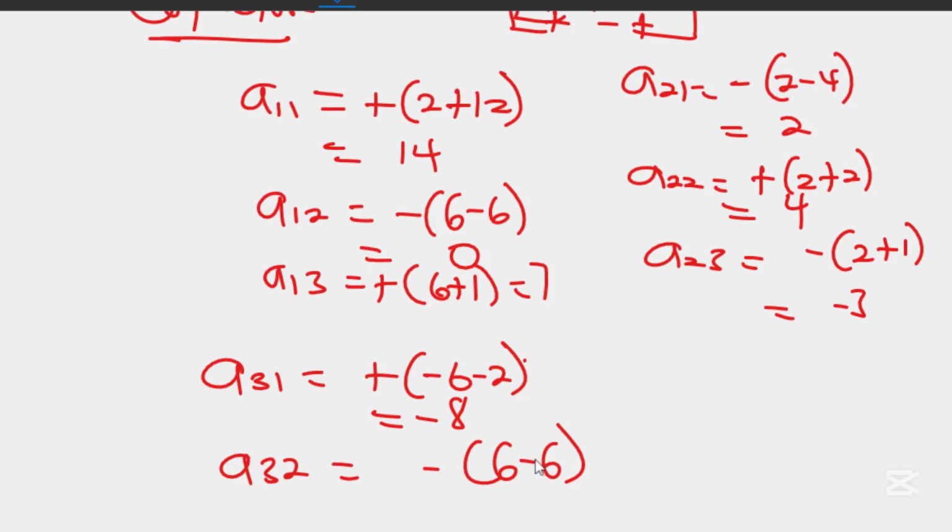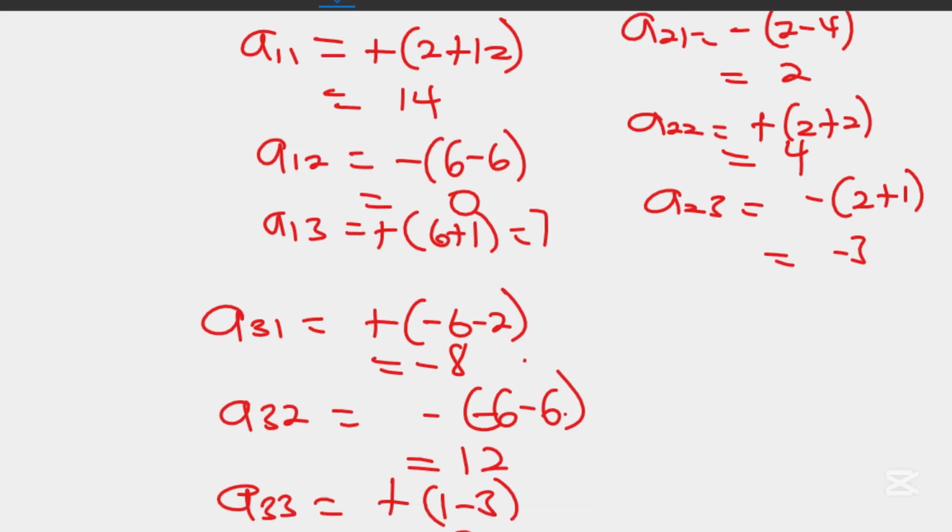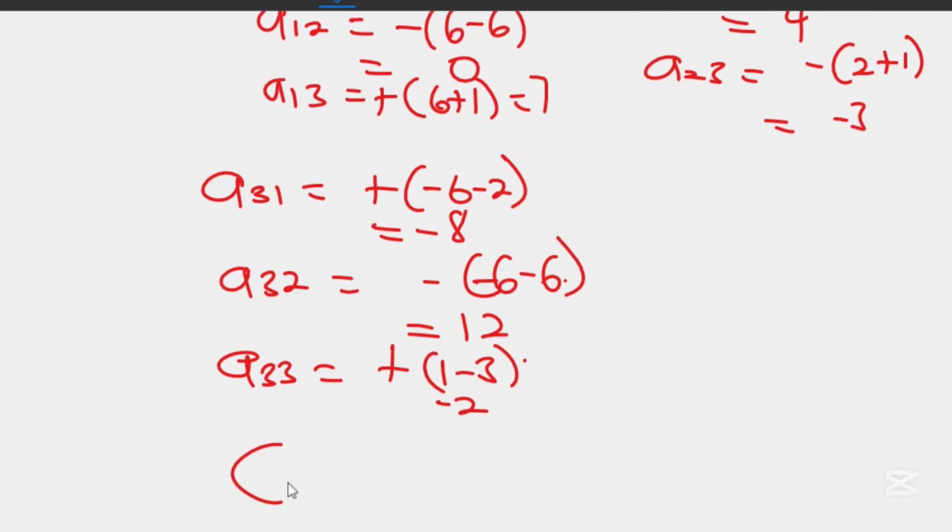So we will have negative 6, negative 6, which gives us negative 12, and negative times negative gives us positive 12. Then we have A33, and that one too gives us plus into brackets 1 minus 3, which is equal to negative 2. Great. So these are our cofactors.